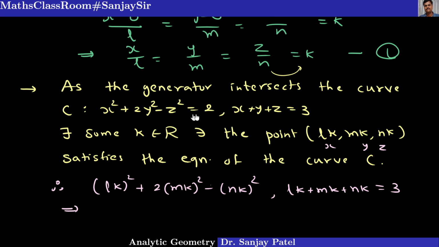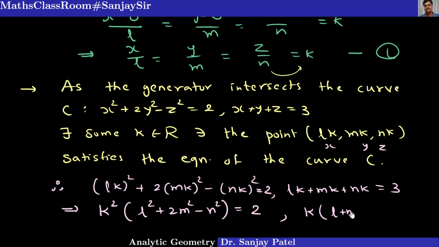Just a minute, I forgot to write is equal to 2 over here. Yes, it is x square plus 2y square minus z square is equal to 2. And Lk plus Mk plus Nk is equal to 3. So this gives us k square into (L square plus 2M square minus N square) is equal to 2, comma, here I can write, taking k common, k into (L plus M plus N) equals 3.